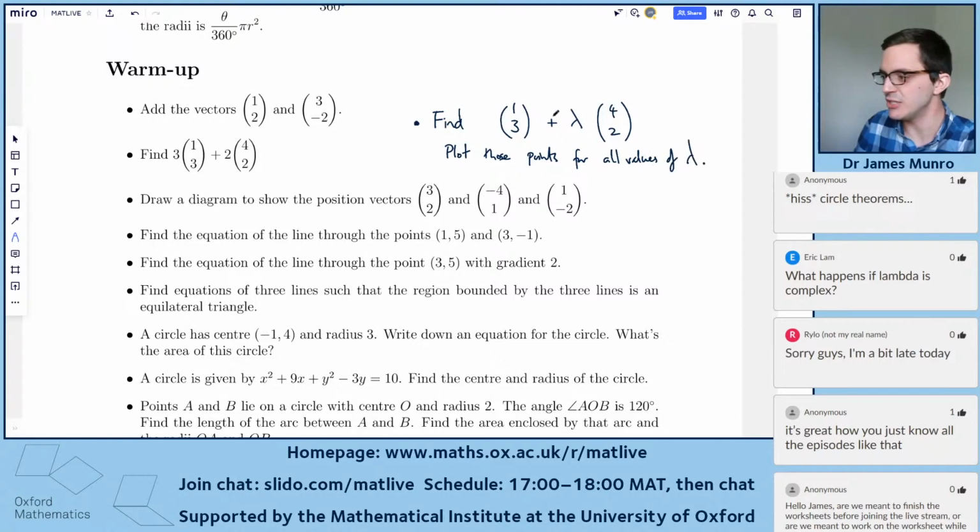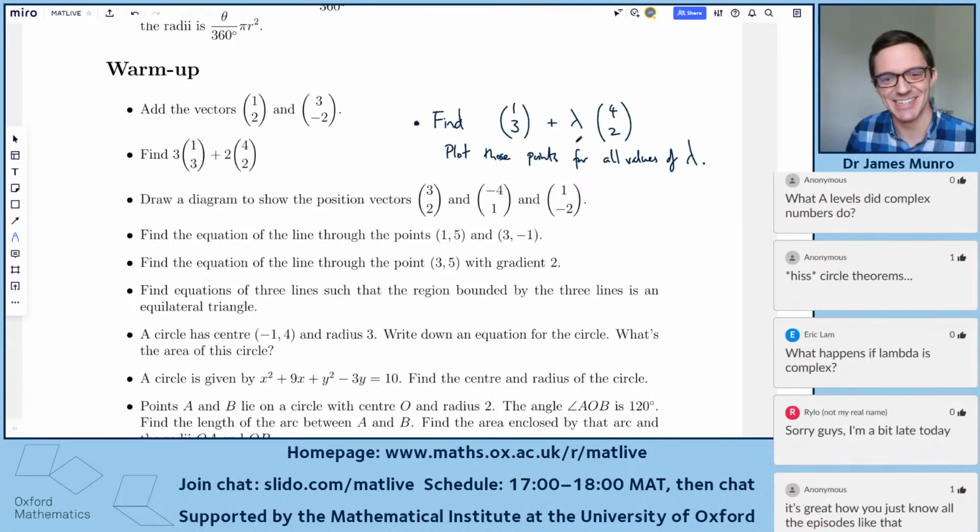As lambda changes, what sort of points, x, y, what sort of position vectors can you get out of this expression? If you've seen that material before from A-level maths somewhere, then it's not an exciting exercise for you. But if you just saw that a plus lambda b thing for the first time, here's a thing to try.